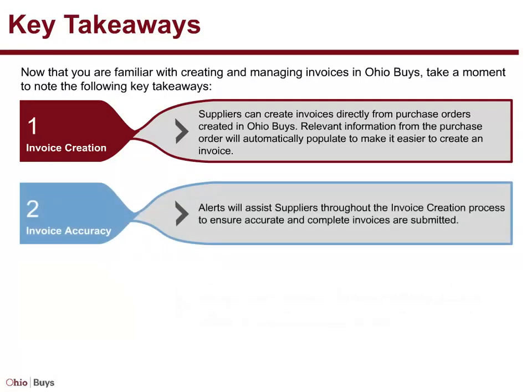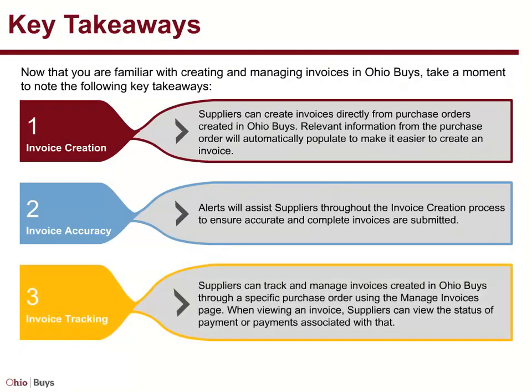Alerts will assist suppliers throughout the invoice creation process to ensure accurate and complete invoices are submitted. And suppliers can track and manage invoices created in Ohio Buys through a specific purchase order using the Manage Invoices page. When viewing an invoice, suppliers can view the status of payment or payments associated with that invoice.